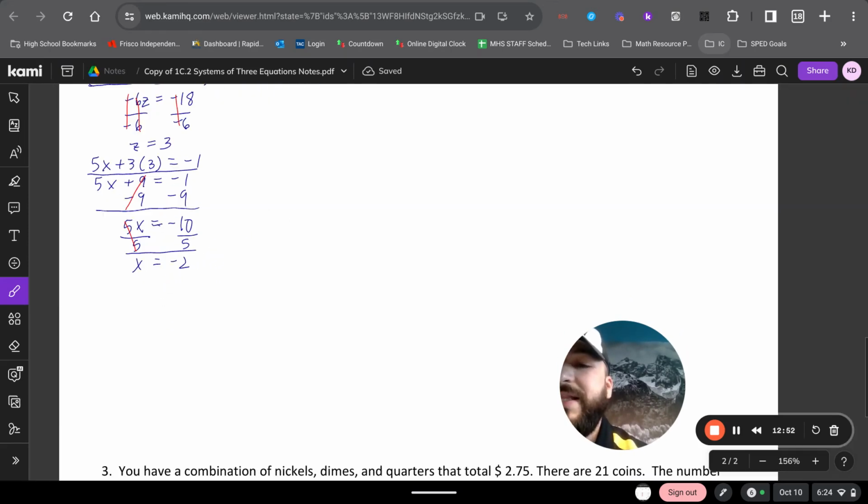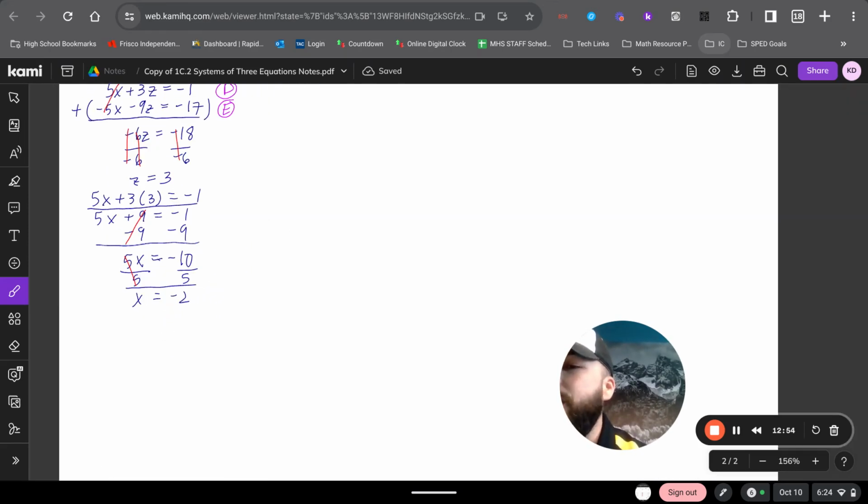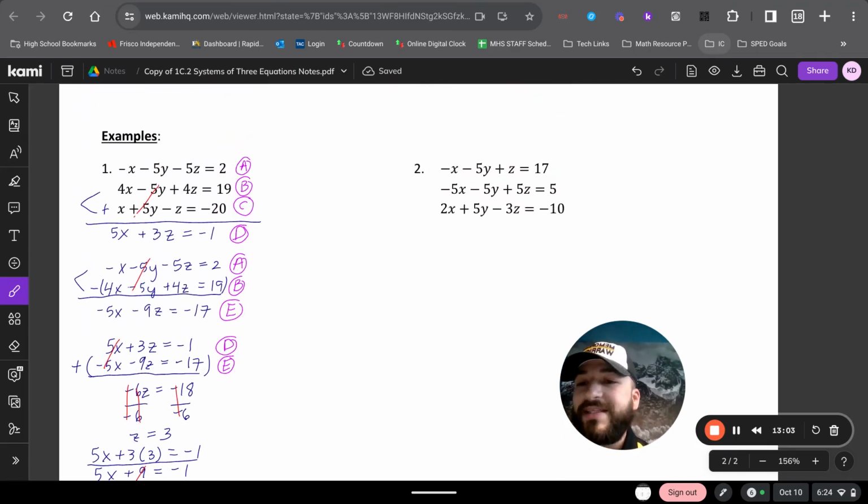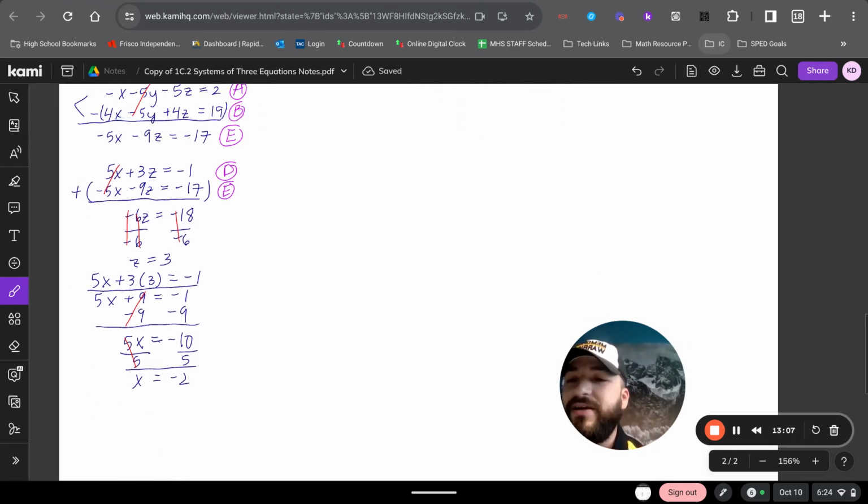And then last but not least, once we know what z is and we know what x is, we can plug into any of our equations to solve for y. I'm going to plug into equation 3 because it has just a single x and a single z, so I think that's going to make things a little bit easier.